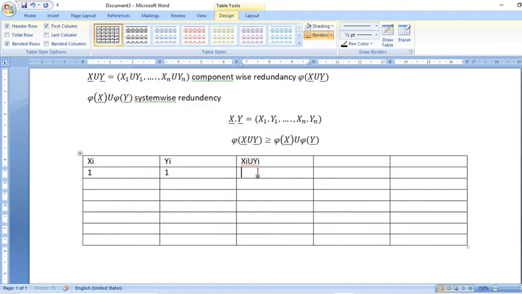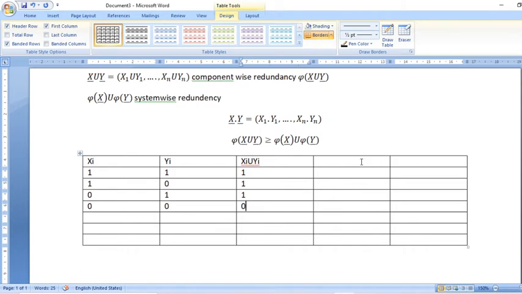This will be also 1. Suppose this is 1 and this is 0. Then what will be the union? Yeah, it is parallel. X and y are connected in parallel, so it will be 1. This is 0 and this is 1. So again the parallel system will be in working condition, so it is 1. So if it is 0 and it is 0, then the parallel system will be in failed state.